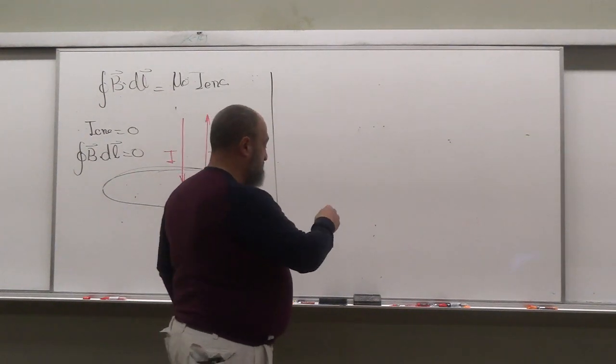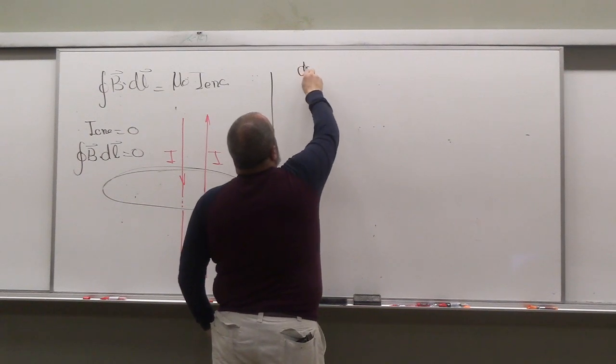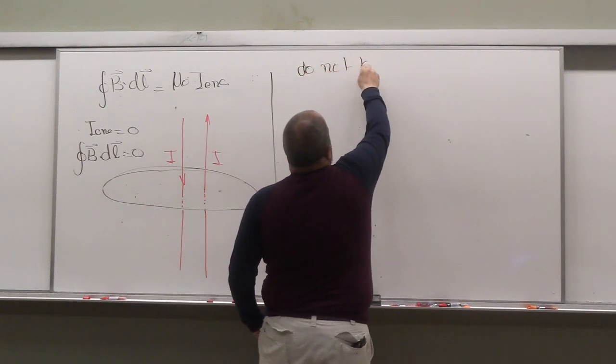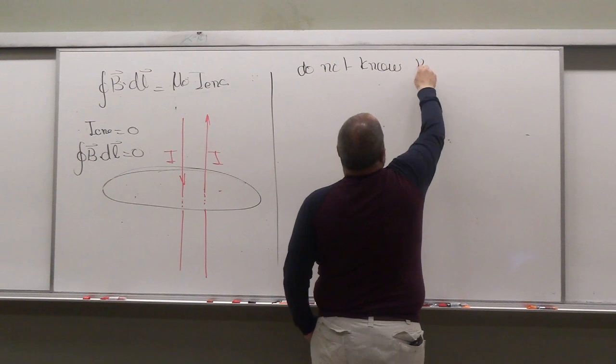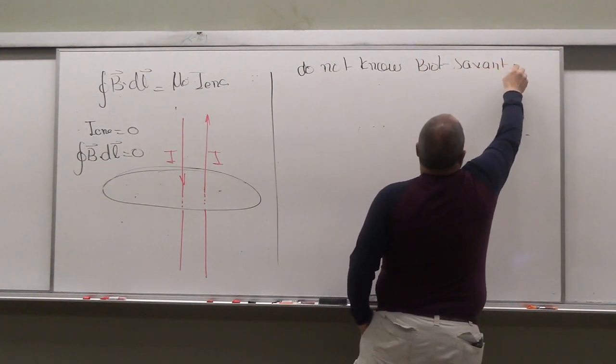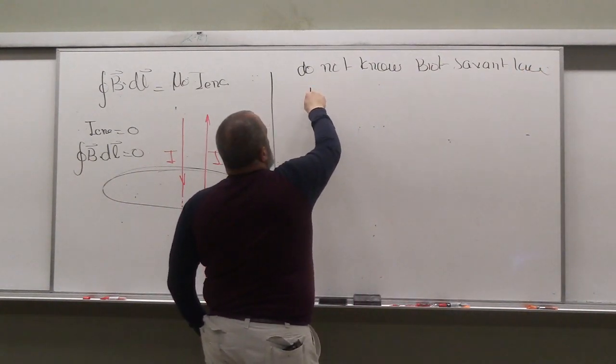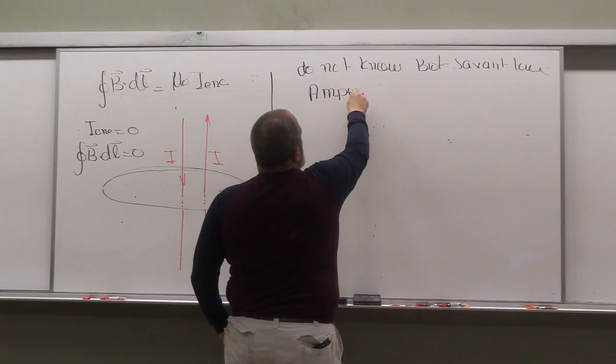The simplest case, let's say that we do not know the Biot-Savart law. All we have is Ampere's law, okay? So how do we use Ampere's law to calculate fields?